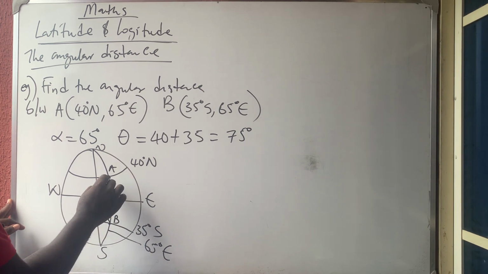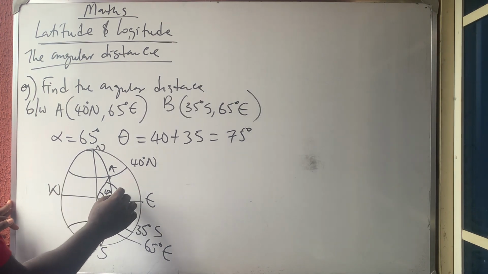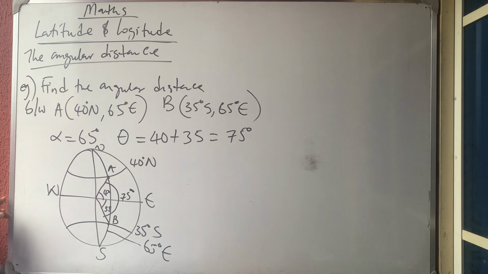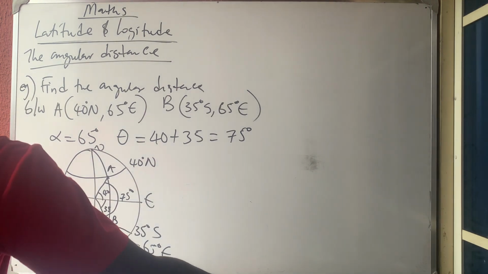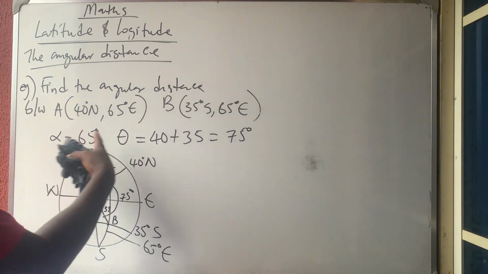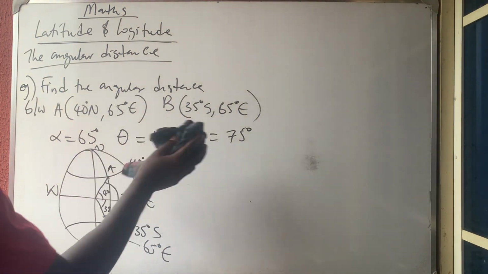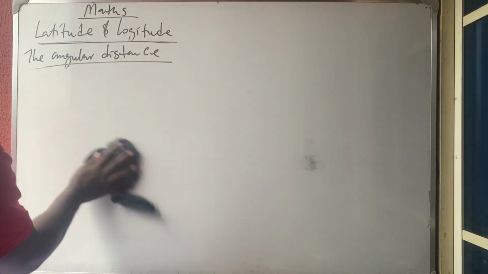The angle between these two points is the addition of both of them, which is 75 degrees. You see, it's very simple to get. So let us do another one. Even without drawing, you can get it, but drawing it will help you if you are solving calculations.